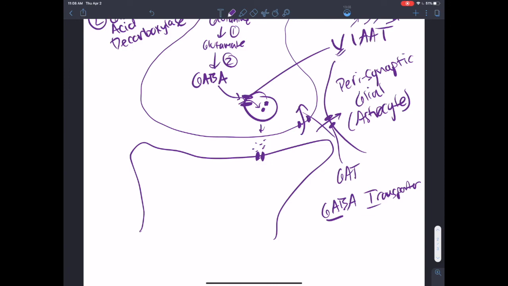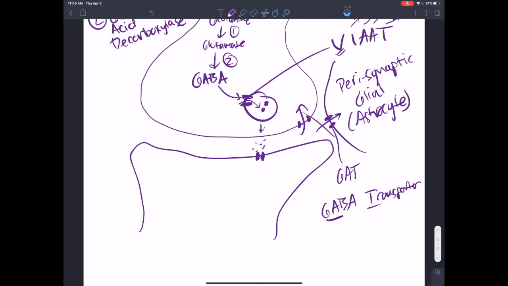Like, we don't care if you know the precursors for any of the other neurotransmitters, or the thing that eventually makes them. And we definitely don't care what type of vesicle for any neurotransmitters, even the ones we talked about here, because I don't really know what they're trying to get at with that. That's probably more of a histology thing than anything else. Definitely know the postsynaptic effects, but know that those postsynaptic effects are mediated by the receptor, not the neurotransmitter themselves.